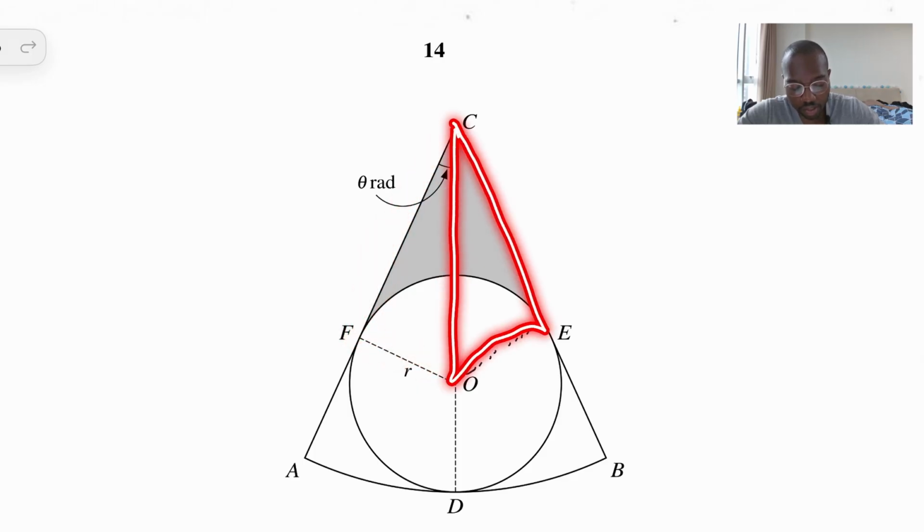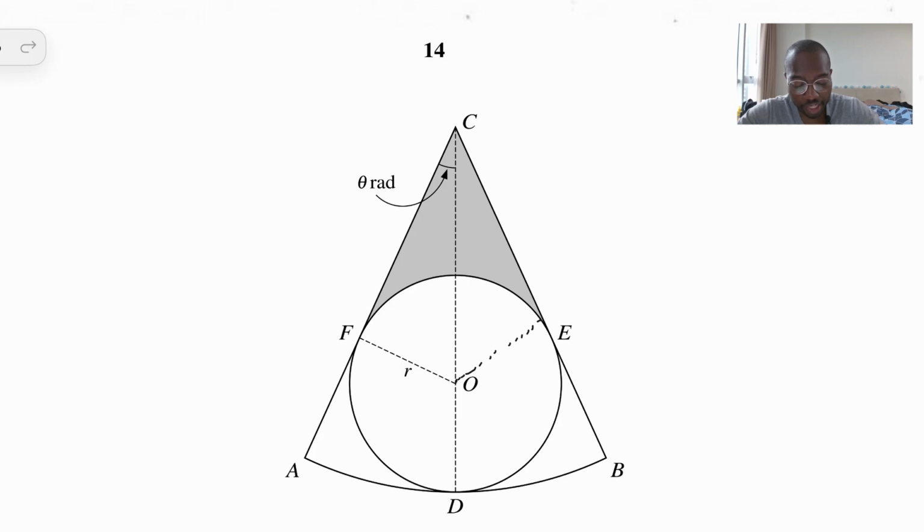So we can work out the area of that shape. Then we've got a small arc here. We can work out the area of this small arc, then take the whole shape, take away this arc, and that should give us the area of the shaded region.